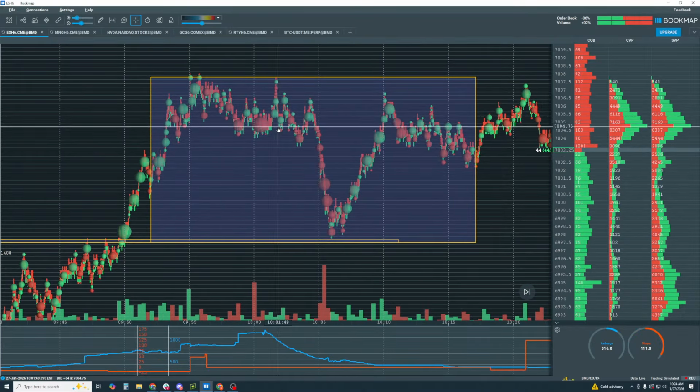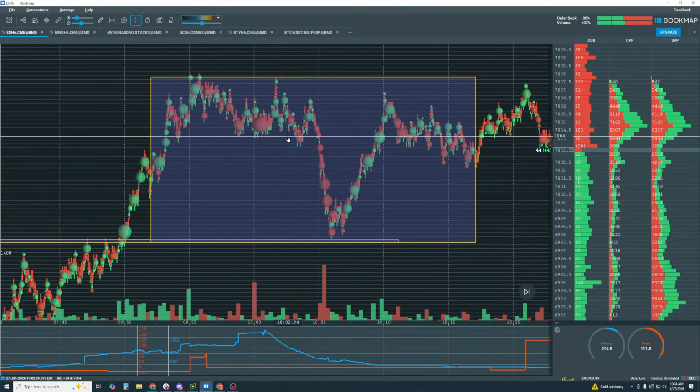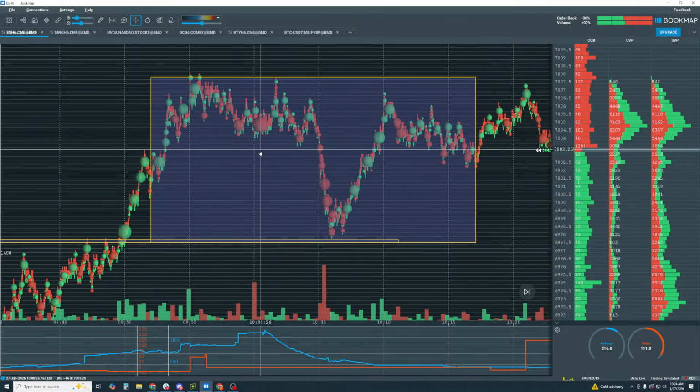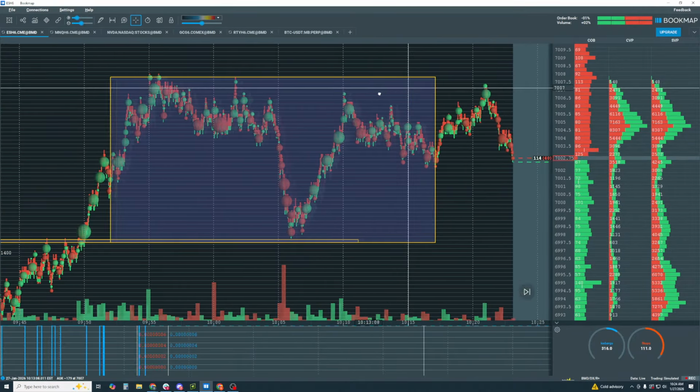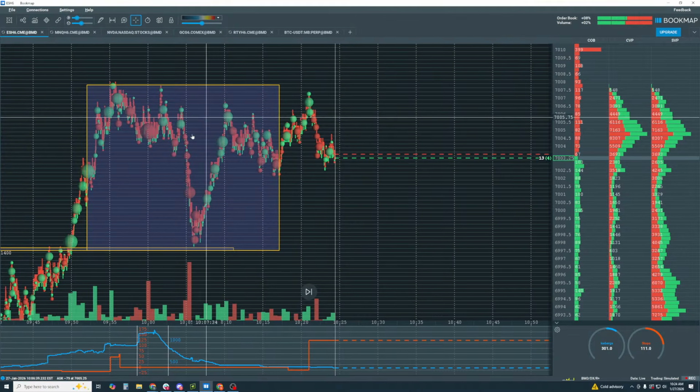Typically, what I have seen is these opening drives go from about 9:30 to 10, and then from 10 to 11 or so, it's usually pretty choppy. And that's what we're seeing right now.